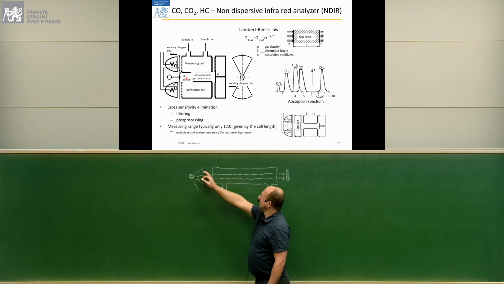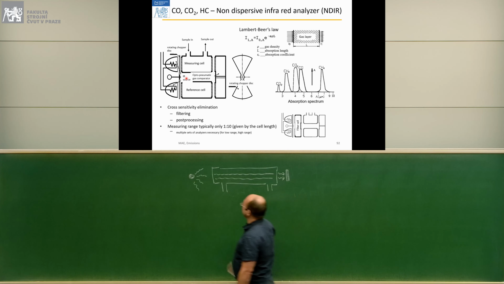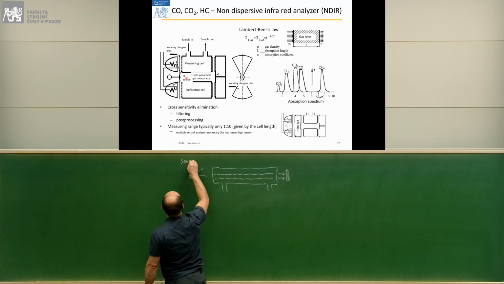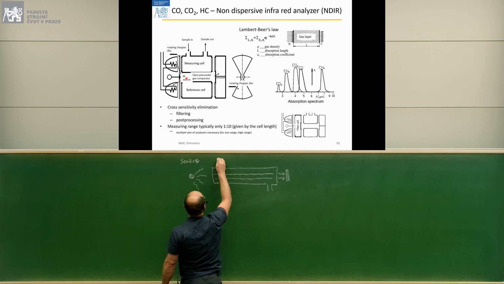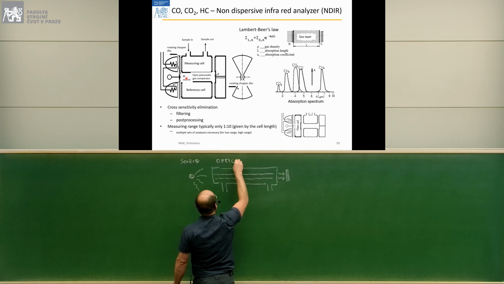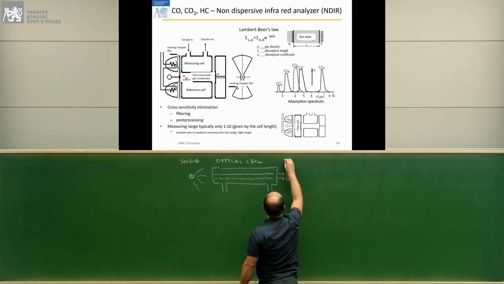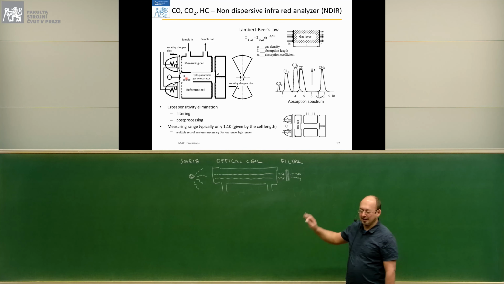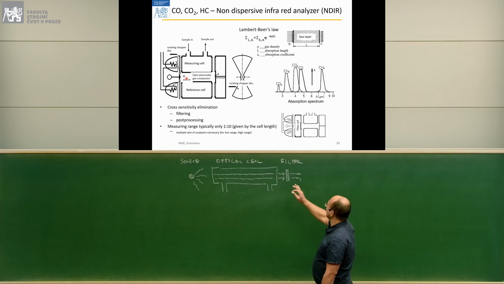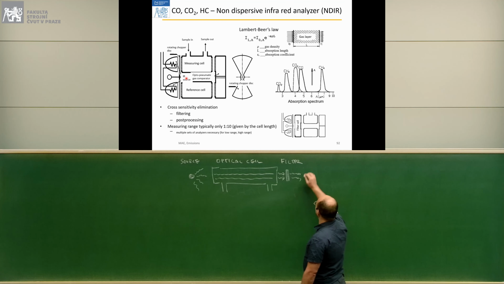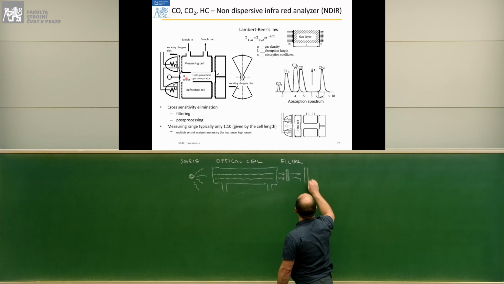And either here or here you have a filter. So we have a source, we have the optical cell, we have a filter, the filter filters out all the other wavelengths and only allows the specific wavelength of interest to pass through. That's called a band pass filter. Then we have the detector.